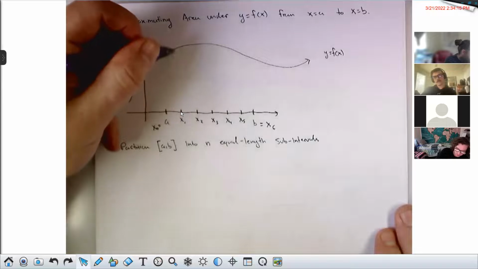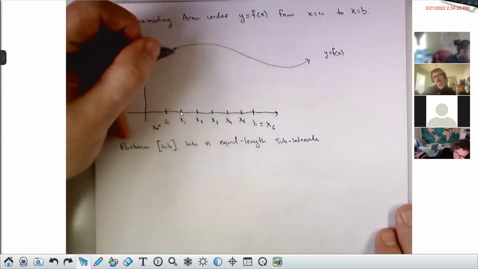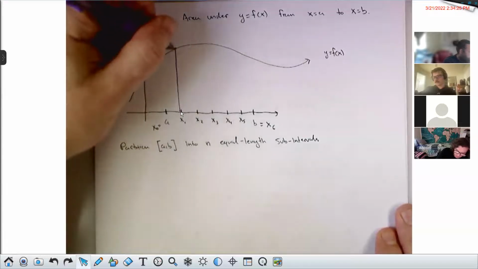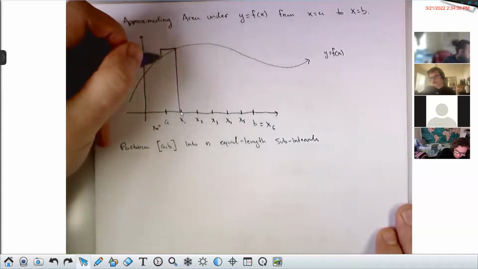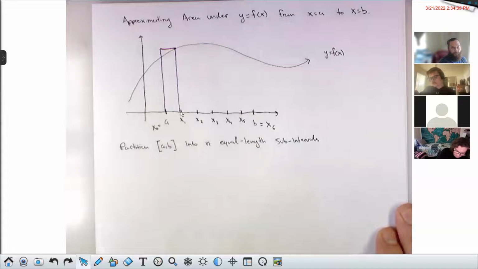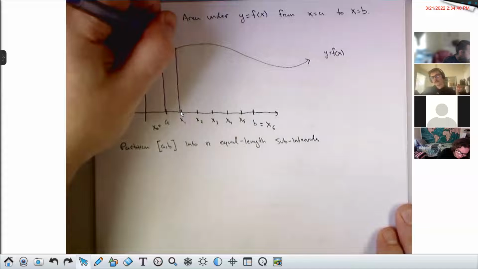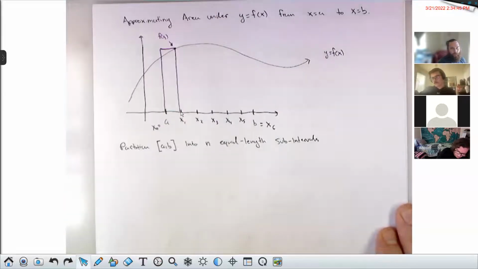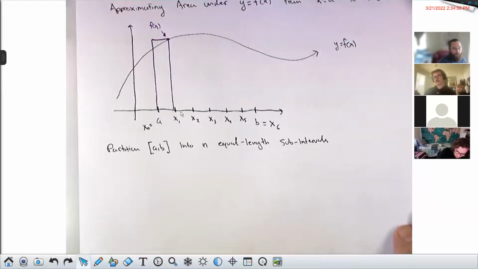Okay, so I come up here, the height is determined by the value of the function at that right endpoint. So here's the right side of my first rectangle. It is a rectangle, so it is flat on top. And this y value here, that's f of x1, right? It's the y value on the graph, y equals f of x, at the input x1.